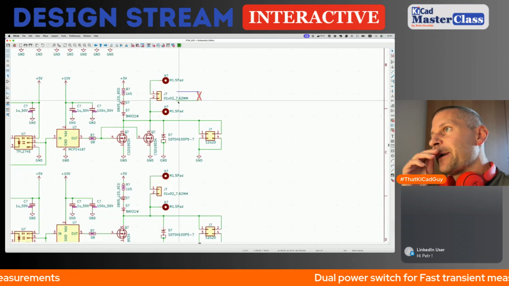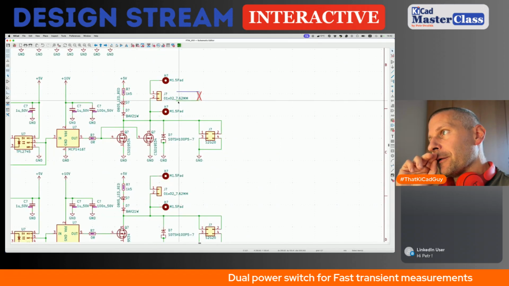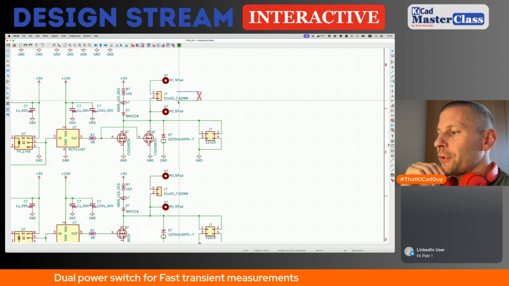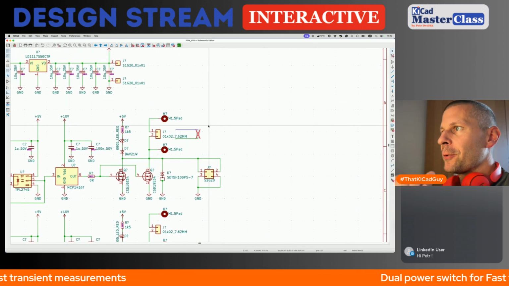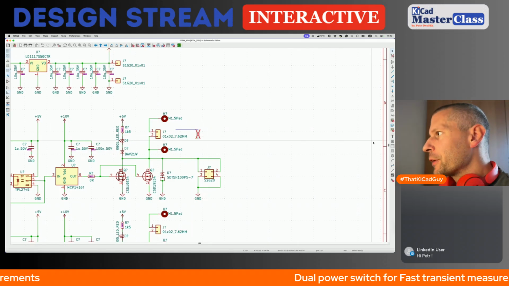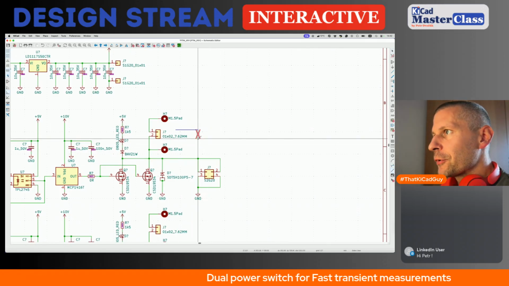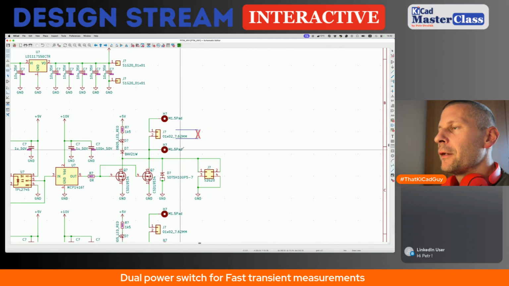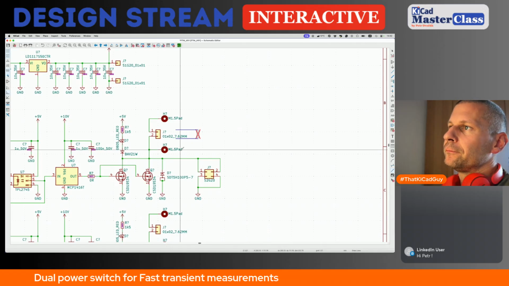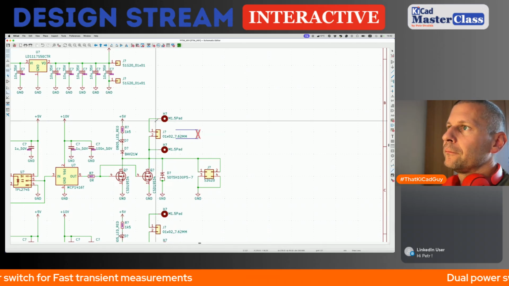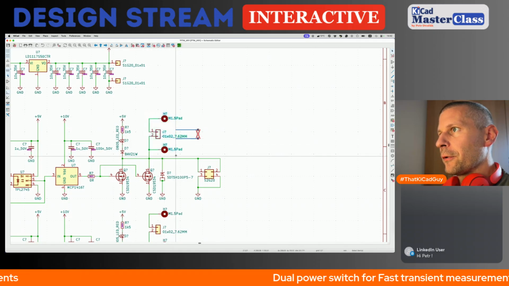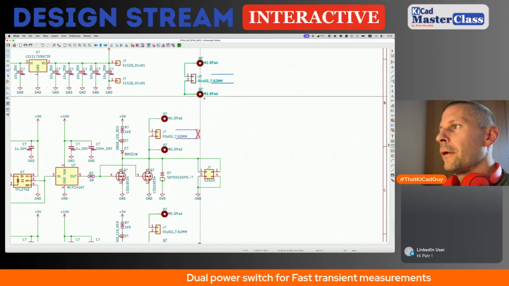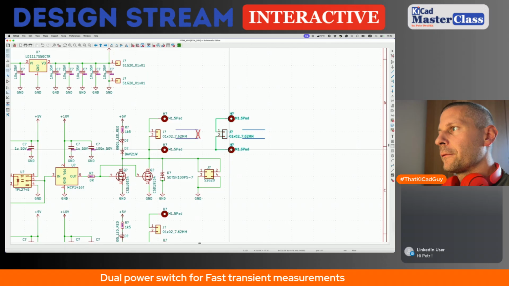But we need to connect the output voltage, the voltage of the measuring power supply. So we need another terminal, another.